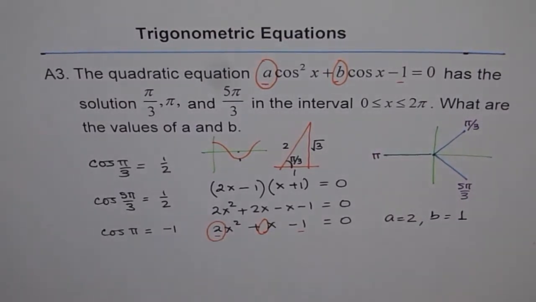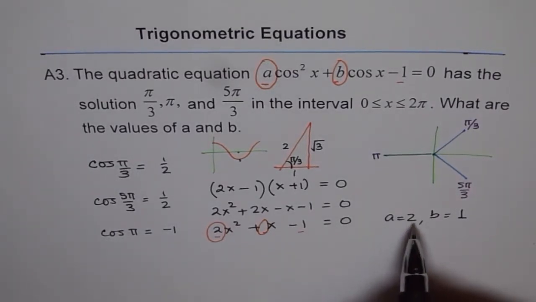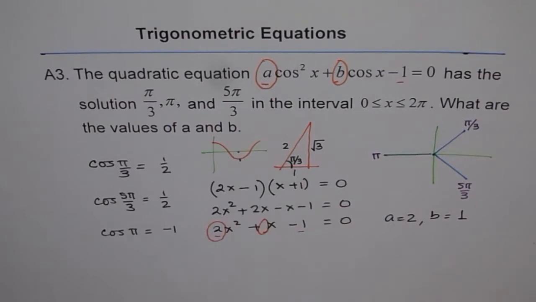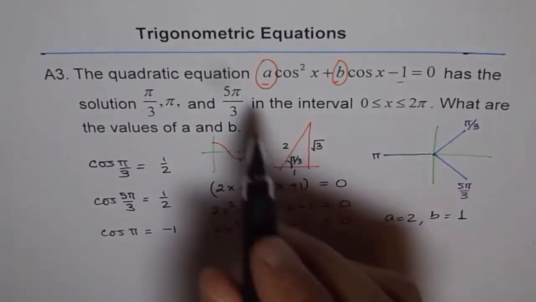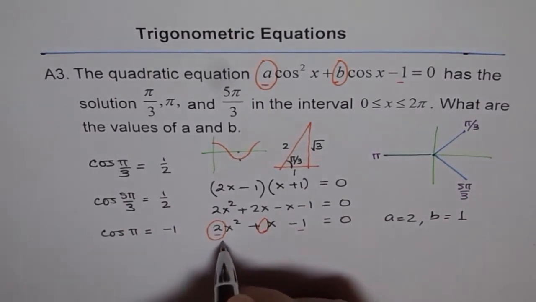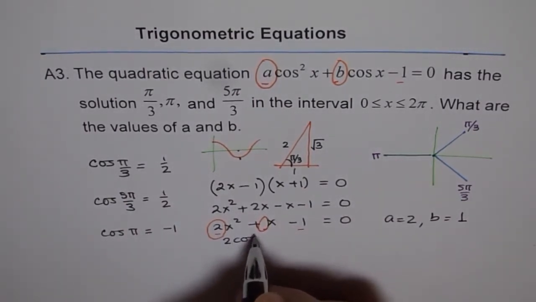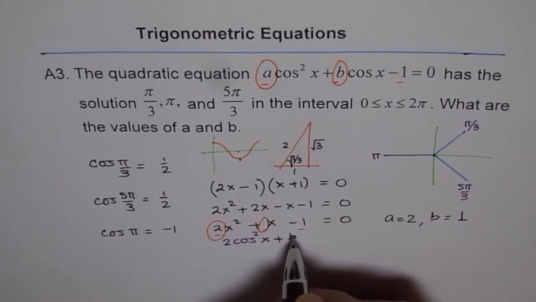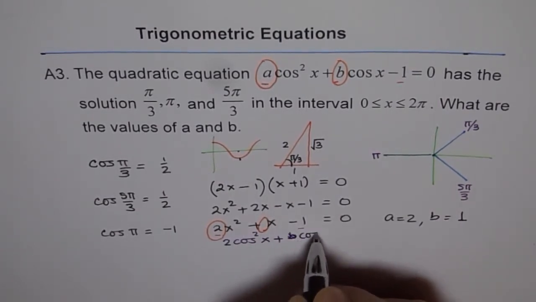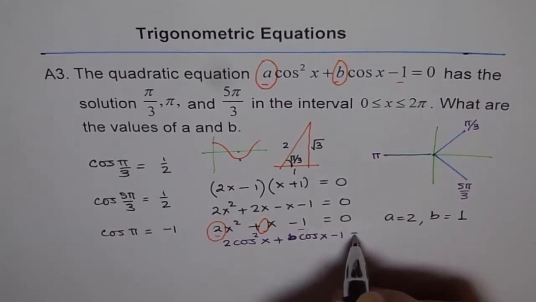If a is 2 and b is 1, then we can write the equation as 2 cos square x plus b cos x, and since b is 1, cos x, minus 1 equals 0.